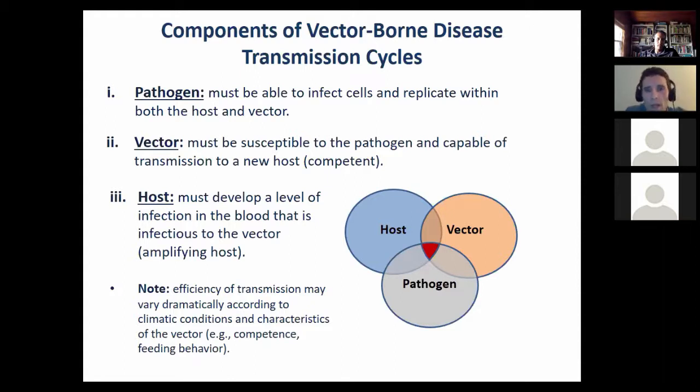And that's one reason why most of the mosquito-borne diseases in the United States tend to follow a very similar pattern where the epidemic curve appears in midsummer and then peaks in late summer, and then it tends to go away in the wintertime. And so a lot of that is climatically driven. Now there's also characteristics of the vector, such as variation in competence and feeding behavior that drive these things as well.